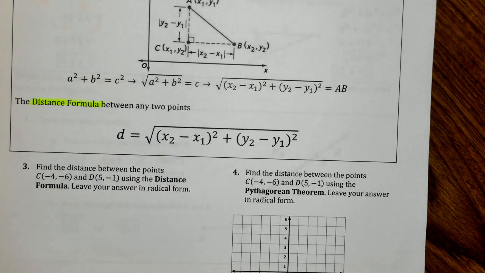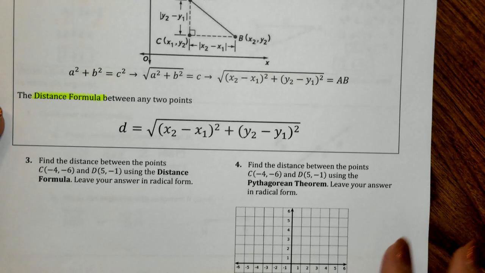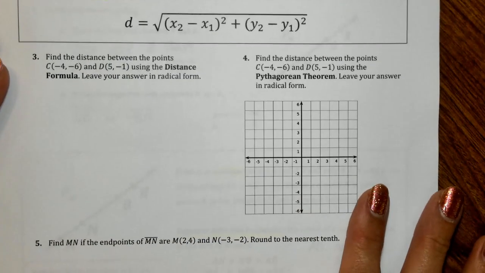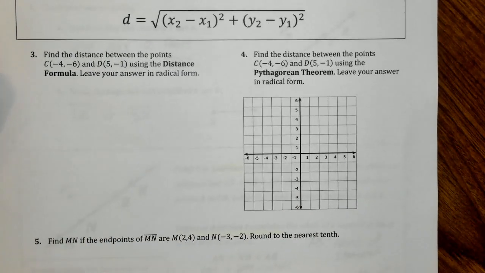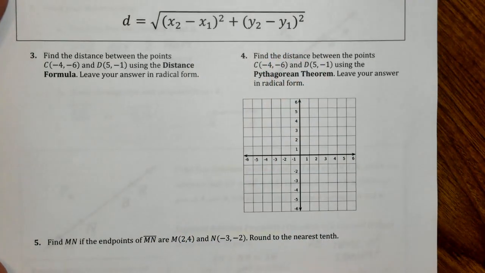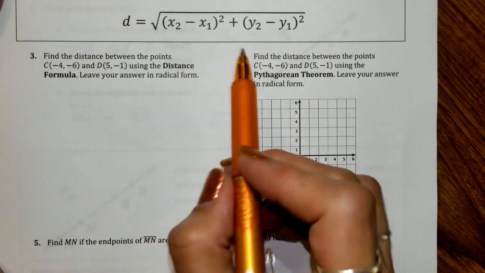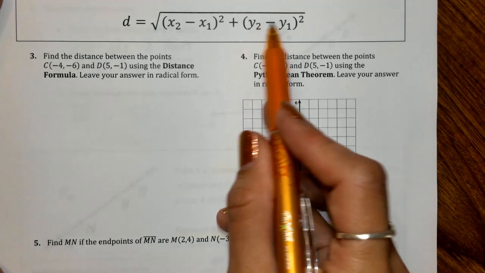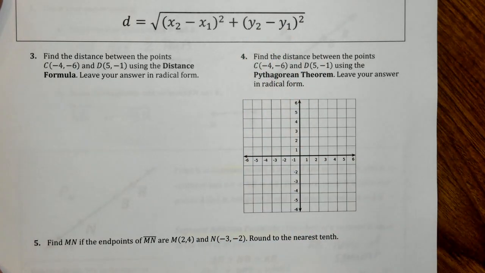Now I'm going to show you how I like to do this, and I cannot stress enough how important this is. When you use this, we have x2, x1, y2, y1. If you mix them up and accidentally do x2 minus x1 and then y1 minus x2, whoa, you're going to end up in trouble.